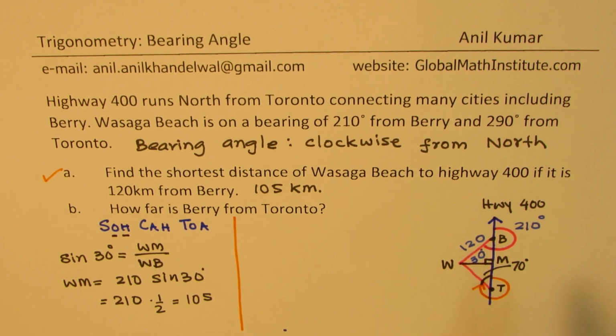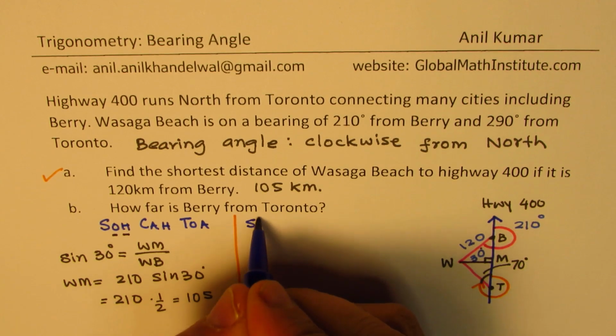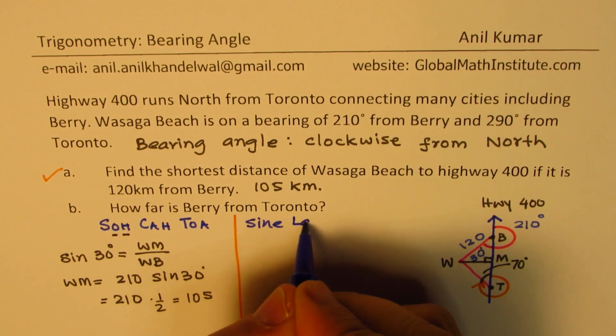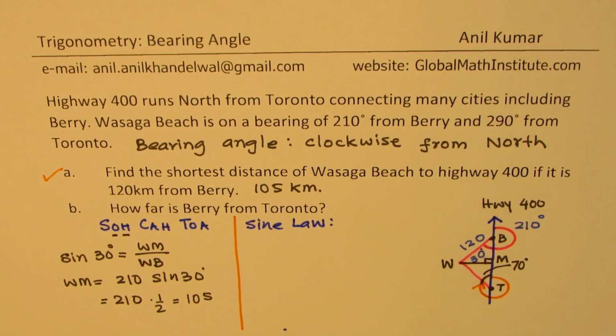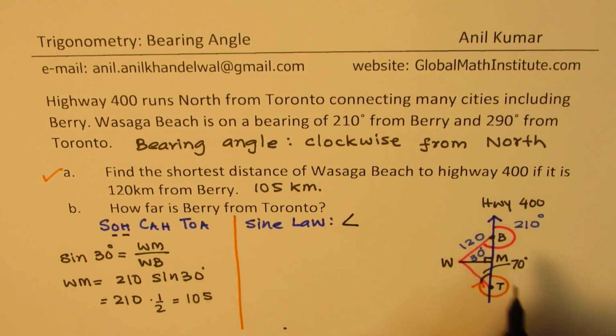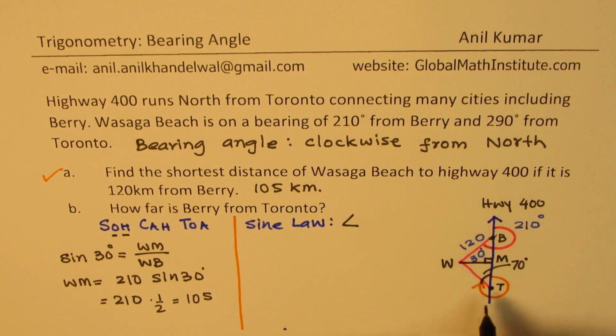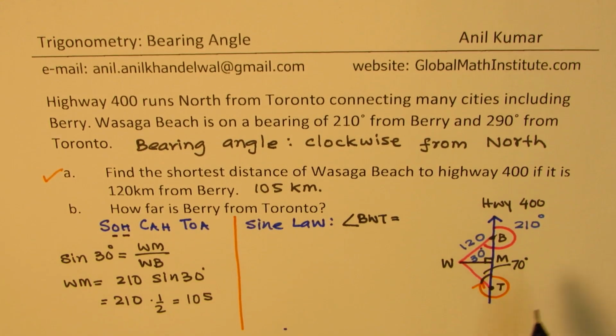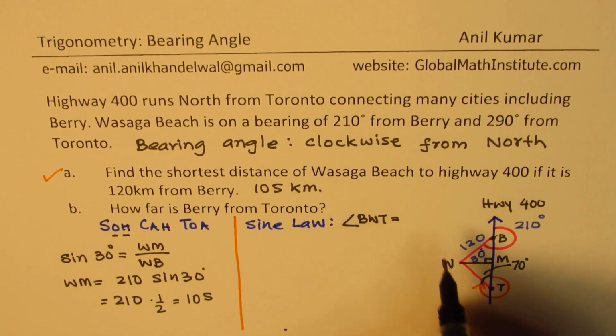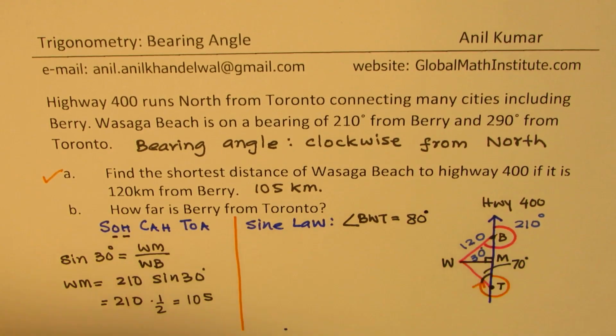In this particular case, we'll actually use the sine law to solve the rest of the question. Now we know that the angle at W, which is BWT, is equal to how much? Now 70 plus 30 is 100, so it has to be 80 degrees.